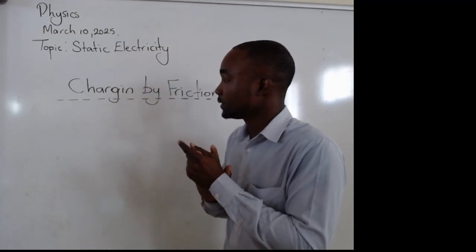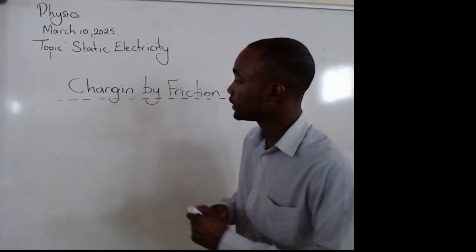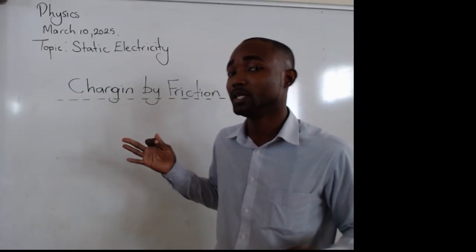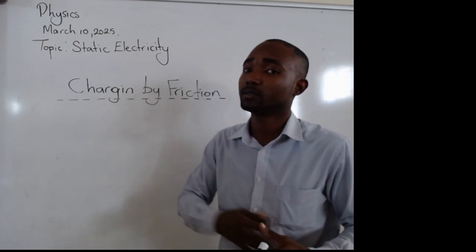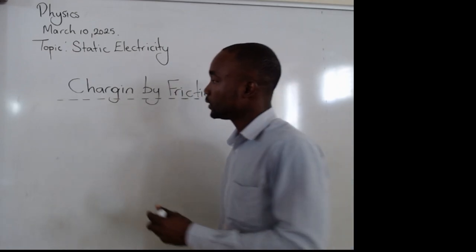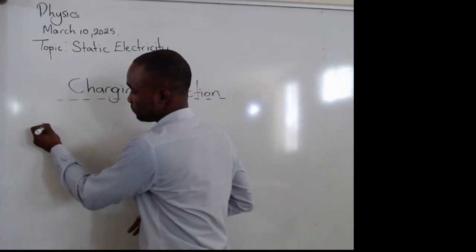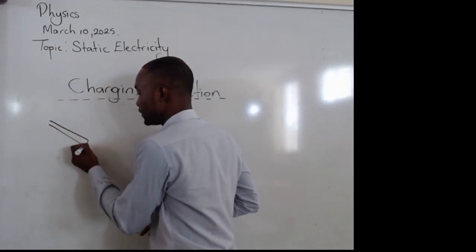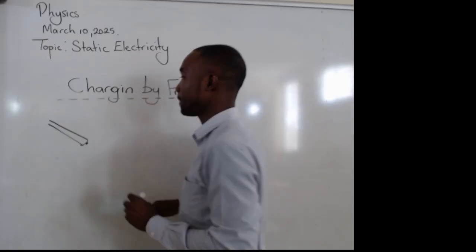Now, if all matter has atoms, that means all matter has electrons and protons. We'll be looking at a simple pen. Everyone should have a pen, so this is my pen here. It's a special type of pen.